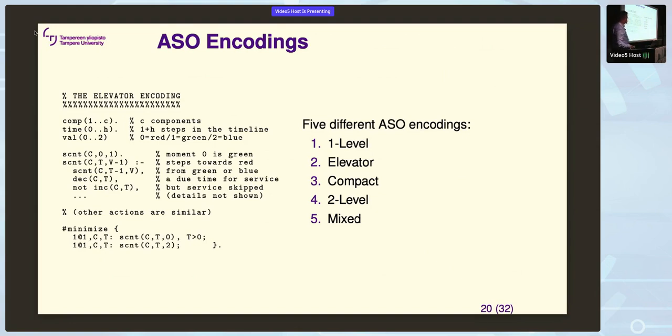And here is a very simple idea: we specify how many components we have, the timeline, and what colors for the boxes we have, and then we have a planning-inspired approach where we start from the beginning of the schedule and compute in a deterministic way.